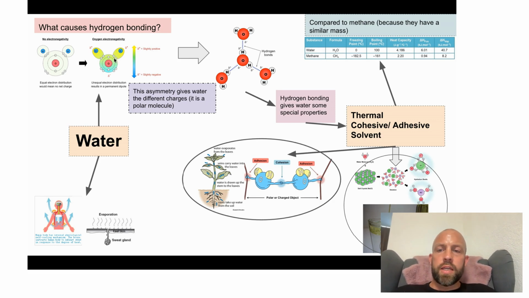That means we have an unequal distribution of electrons, and the oxygen is slightly more negative than the hydrogens, which, because the proton is left behind, are slightly positive.